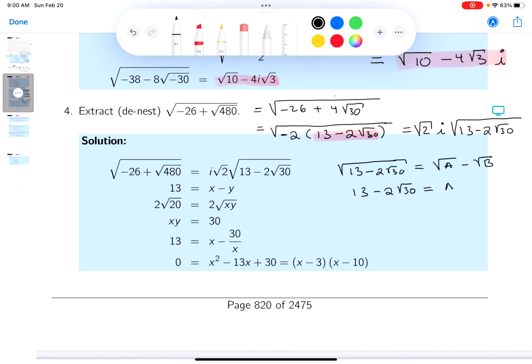This will be a plus b minus 2 root ab. And this is a real number problem, so it's going to be pretty easy to deal with. So I know a plus b is equal to, oh, I'm sorry, I said 30, I didn't mean 30. I meant a plus b is 13, sorry. And I know that a times b is 30, all right?